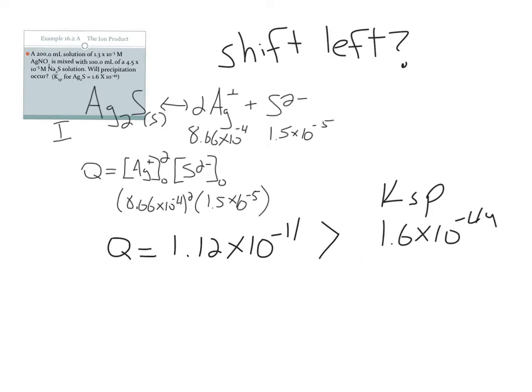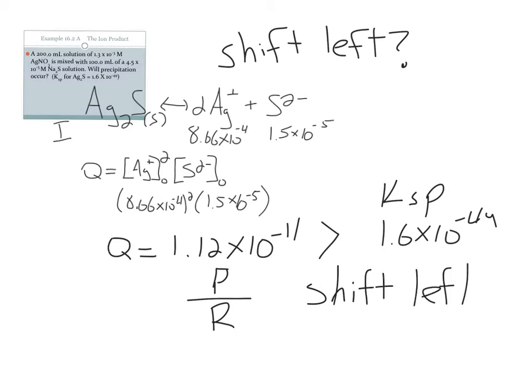And remember, this represents products over reactants, and it's a ratio. Right now, my Q is too big. I need to bring it down. If my number is too big and I need to make it smaller, I need more reactants. So when Q is greater than K, this means we need to shift left.